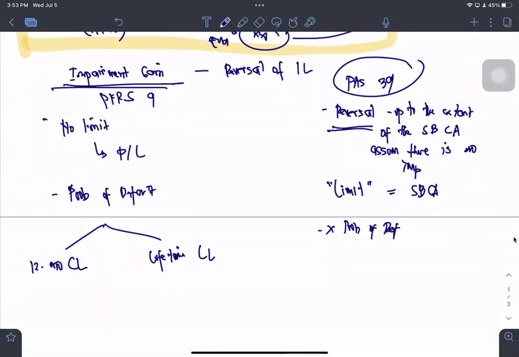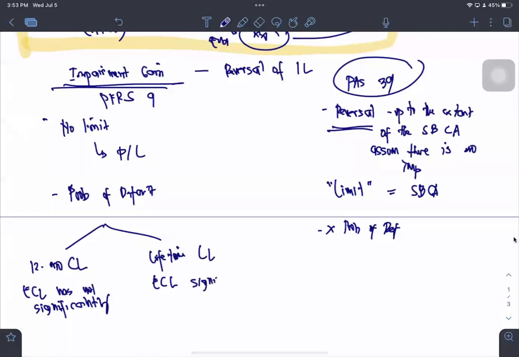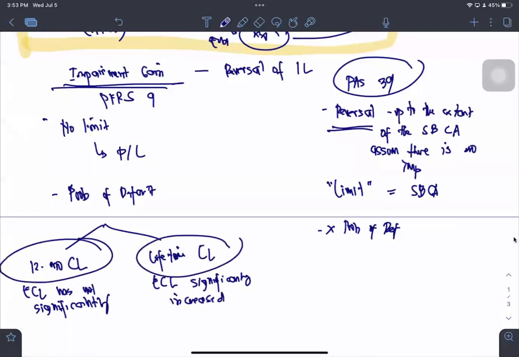If the expected credit loss has not significantly increased, we call it your 12-month. If your expected credit loss significantly increased, we call it a lifetime credit loss.